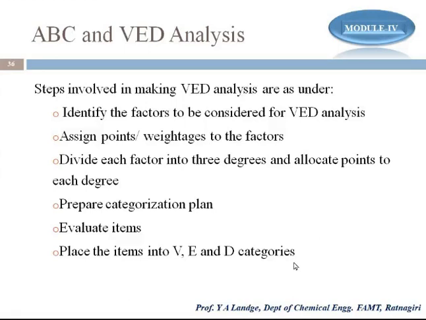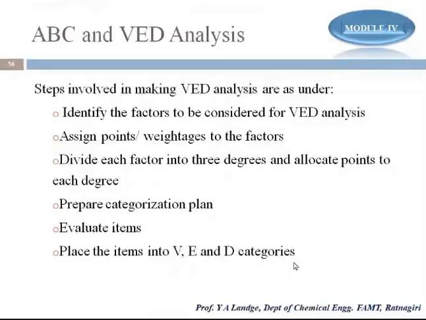For that, it is very important for me to complete B on time. So we say that B is under the vital, or the critical, because it needs more focus. But most of the time ABC and VED analysis is applicable in production and manufacturing processes. So this is all about ABC and VED analysis.